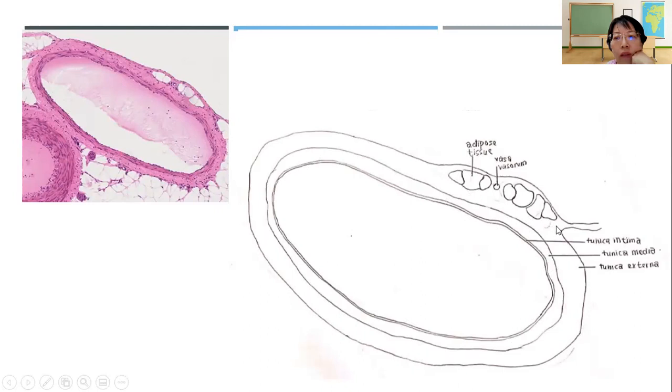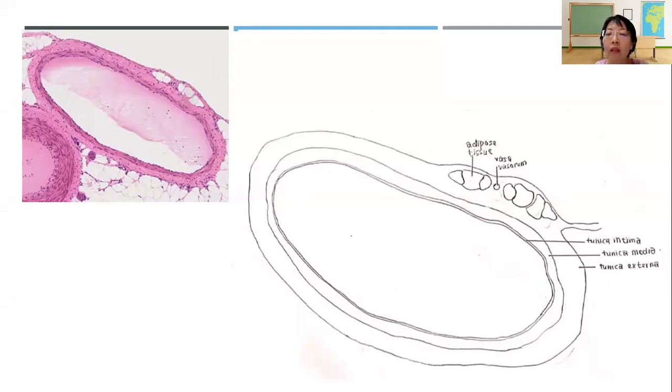You see, it's so accurate until it actually shows this part here, which is actually this part. Okay, this part rather than this part. Right, labeling wise, accuracy, no mark, even though it's very accurate, because you drew the cells.